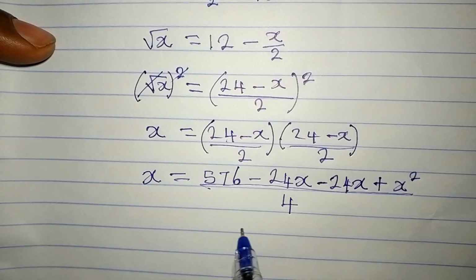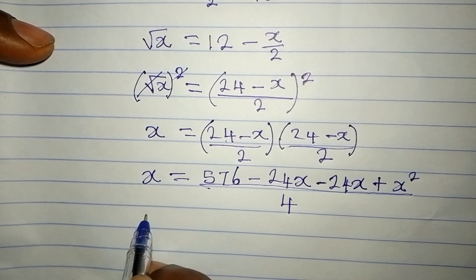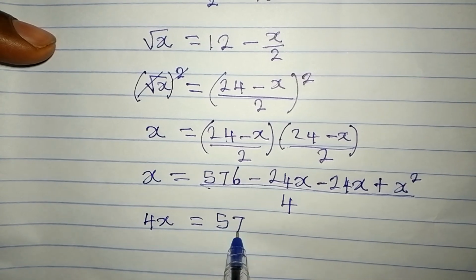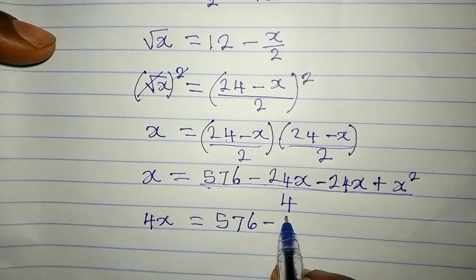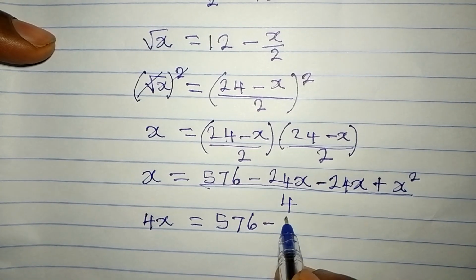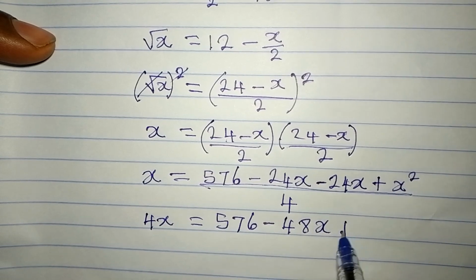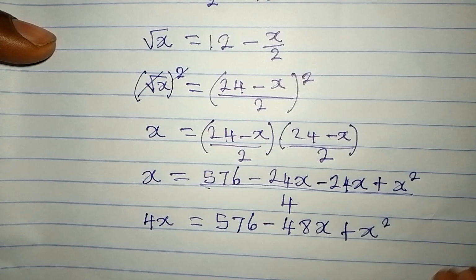Once you have this, just cross multiply so that we have 4x equal to 576 minus, if you put these two together, 48x, then plus x squared on the right. But what if we write this first?